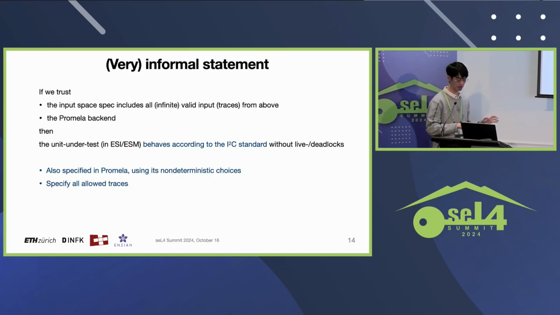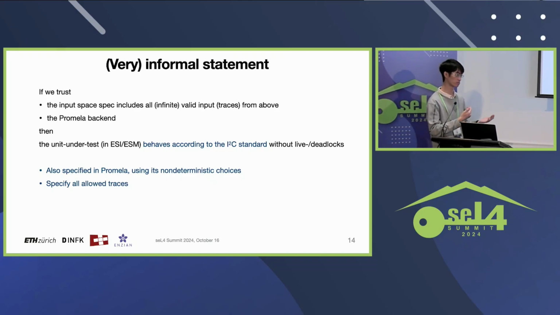Behaving according to the standard means the unit under test only generates the allowed traces that are encoded in Promela using its non-deterministic choice, which specifies all the allowed traces. For example, for the byte layer, it means the controller sends a start symbol, and then both devices read it, and then one or more bytes are sent, and then stop.